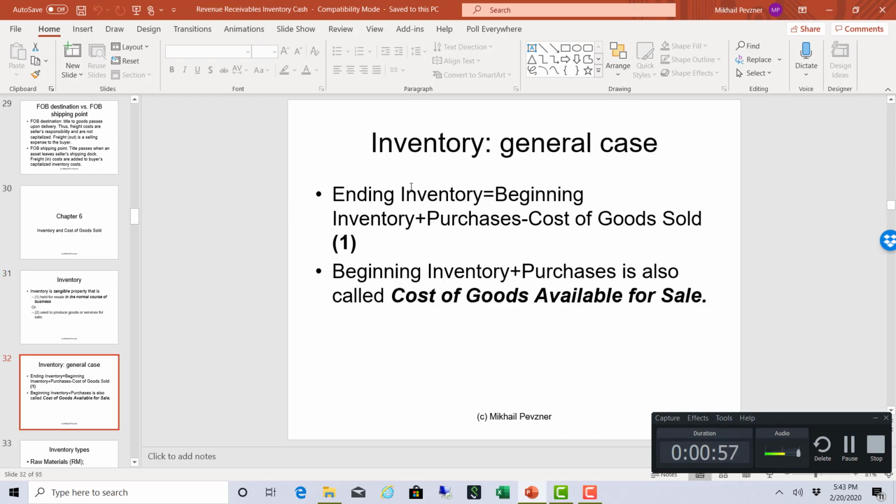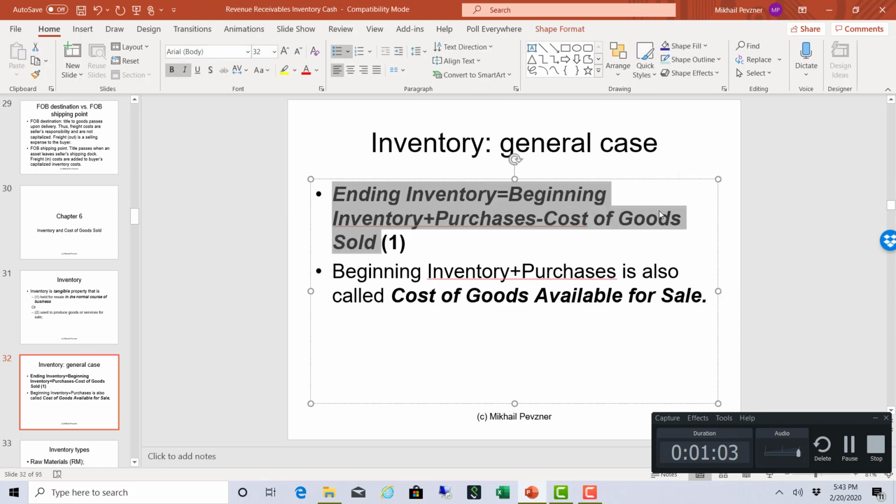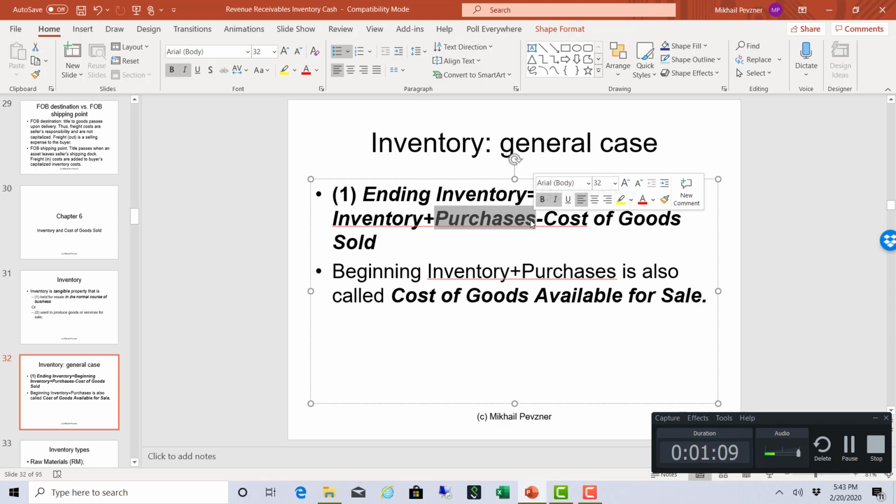In general, like any other asset, inventory abides by this equation: the beginning balance plus purchases, which presumably is for a reseller of some sort, minus cost of goods sold. This first component, beginning inventory plus purchases, is called cost of goods available for sale.